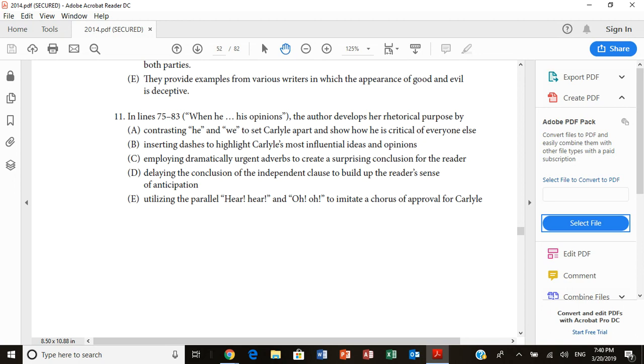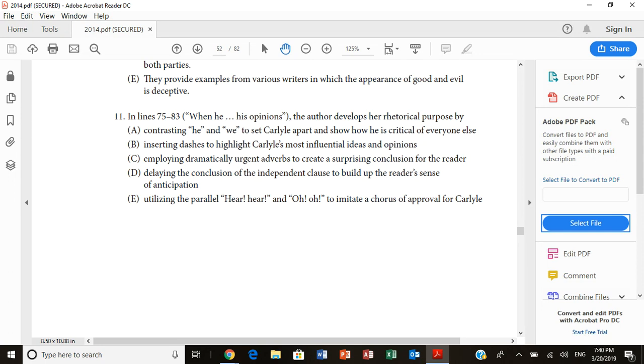But even here, in this use of the independent clause at the end, where all of a sudden we're rallying, ho ho, and oh oh, and here here, it is a delay intentionally of the independent clause. We are obliged to say, okay? So it's building up the reader's sense of anticipation, and we join in with this in agreement with how wonderful it is to read this author.